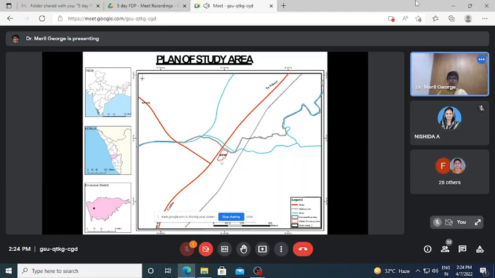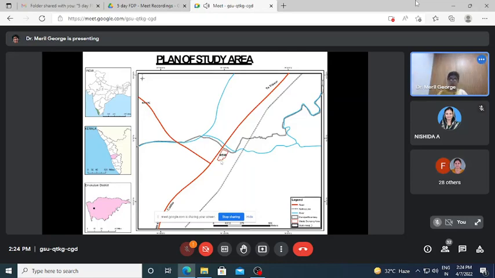Another thing about this particular study area is that the annual rainfall was about 3,500 millimeter. And the region was an industrial area where several factories manufacturing chemicals, fertilizers, etc. were there. So we expected not only municipal solid waste but these chemicals also in that area, from the nearby small scale industries.